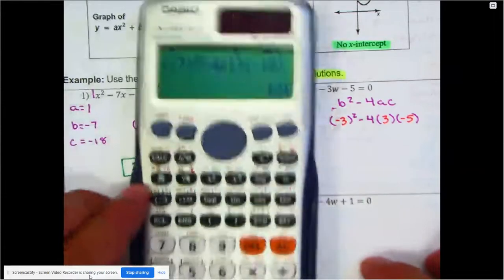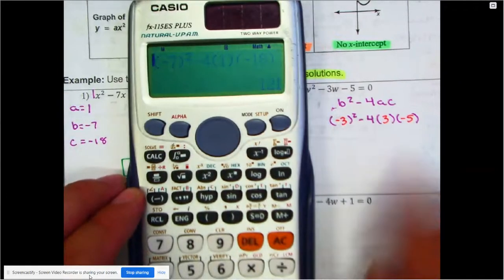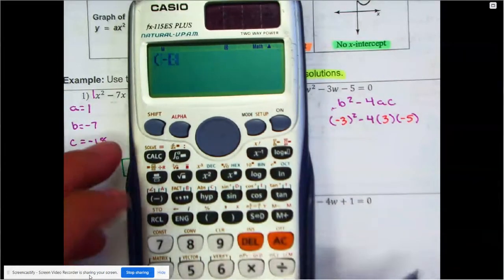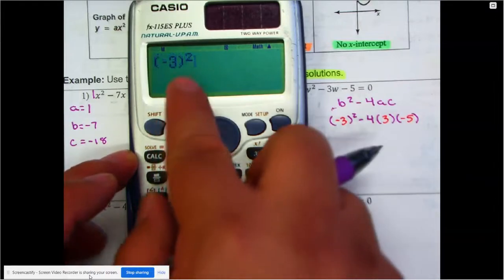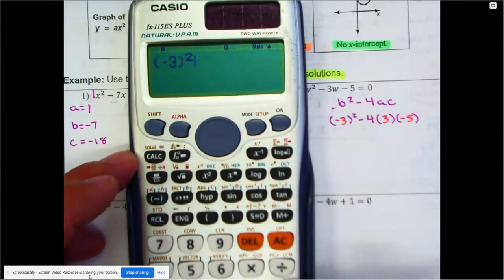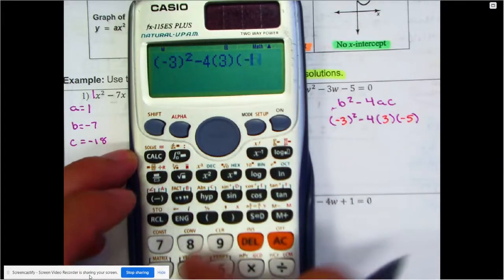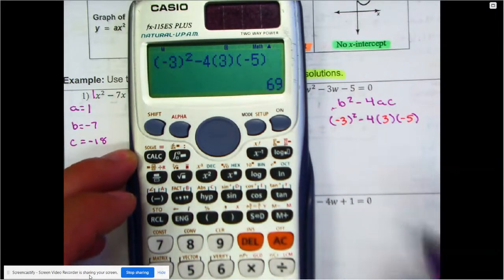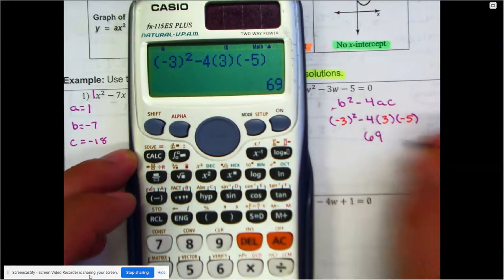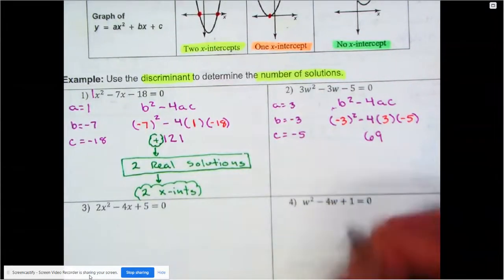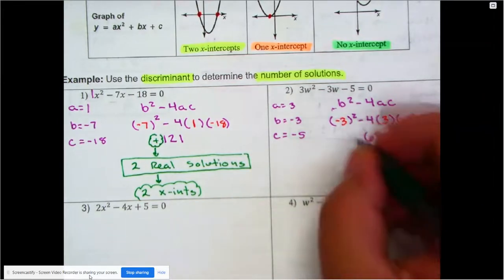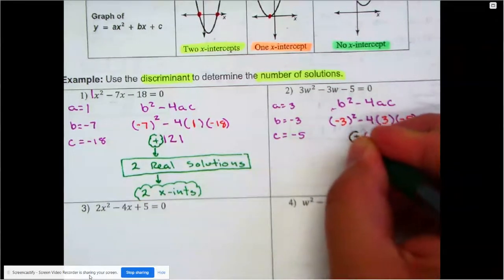And so now, here we go again. So, -3 squared, I would type it in exactly like this on Desmos, minus 4 parentheses 3 parentheses -5. And so we get an answer of 69. The number doesn't matter though. Remember what we just said earlier. What matters according to the discriminant is the fact that this is a positive number.